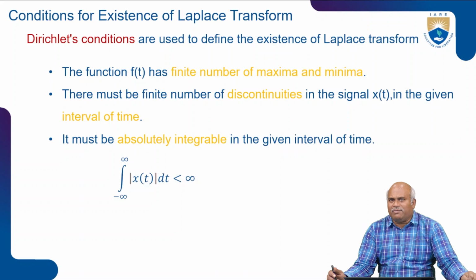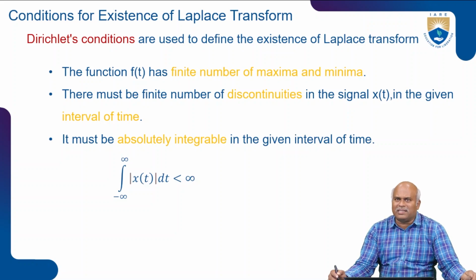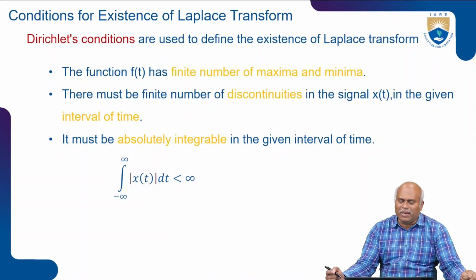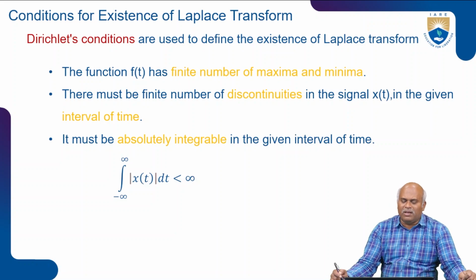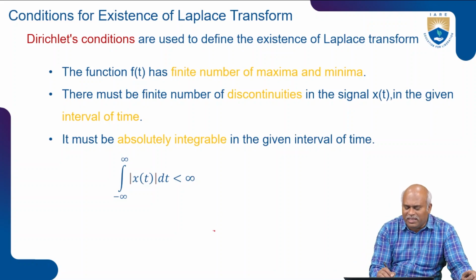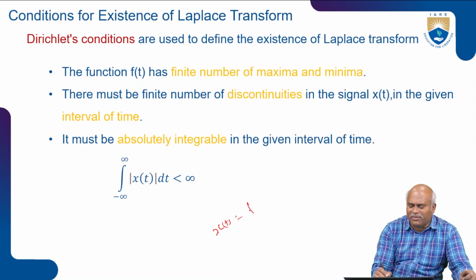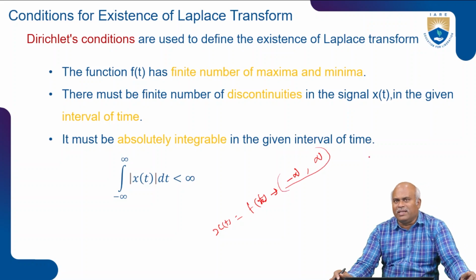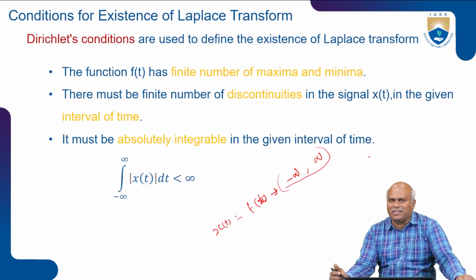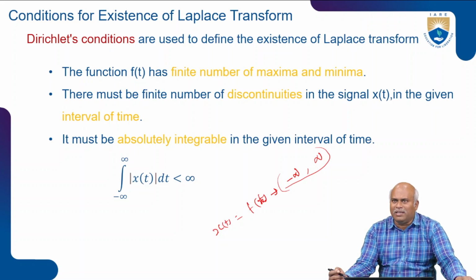In this case, the function f(t), here x(t) is considered as the function f(t), has a finite number of maxima as well as minima, over minus infinity to plus infinity. Symbolically, the function f(t) has a finite number of maxima and minima.